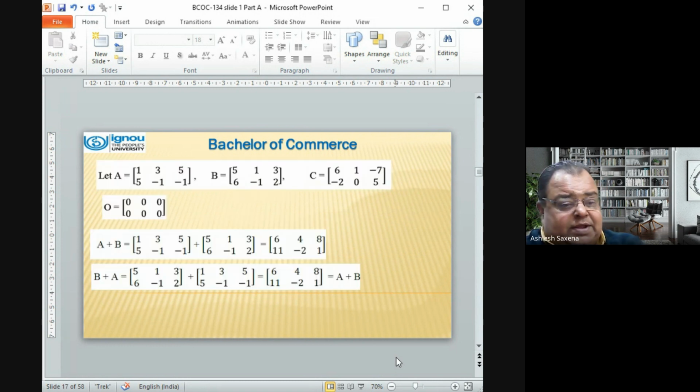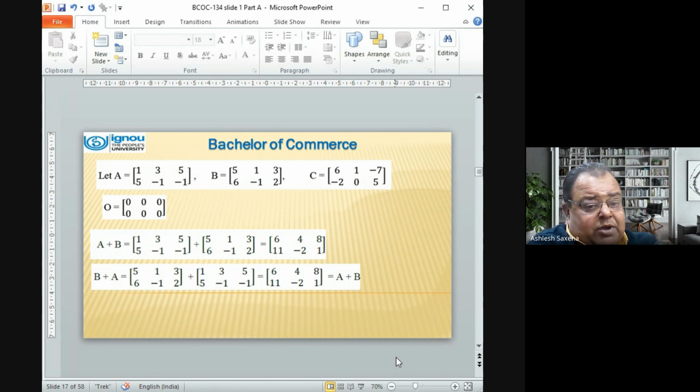Now we will see two different properties, exactly how what we have learned is applied. You have three matrices A, B, C, and you have 0 as the null matrix.